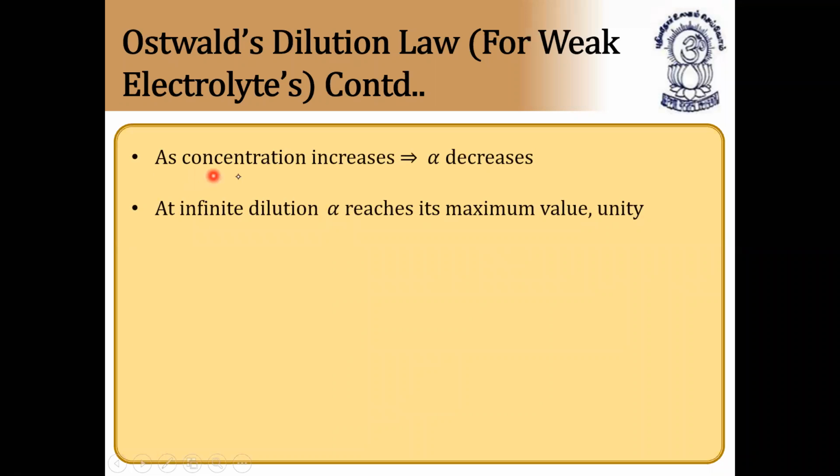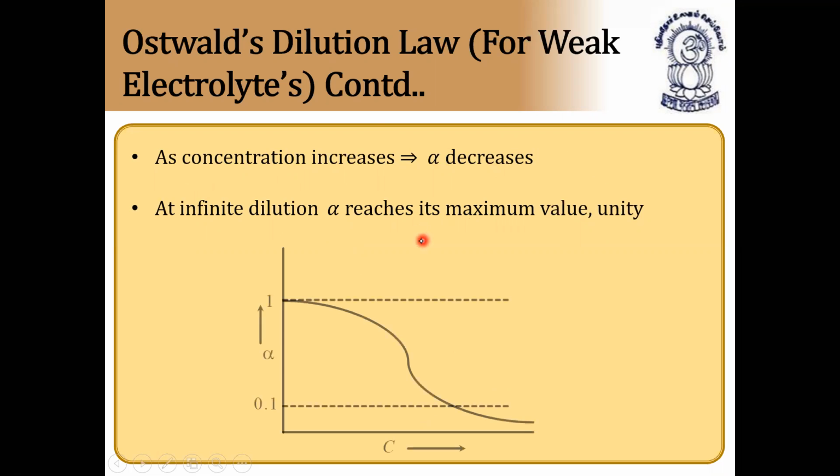As the concentration increases, alpha decreases. By this what we understand: since alpha is proportional to 1 by root of concentration, as the concentration of the solution increases, alpha value decreases. At infinite dilution, alpha reaches its maximum value, and its value is taken as unity, that is equal to 1.